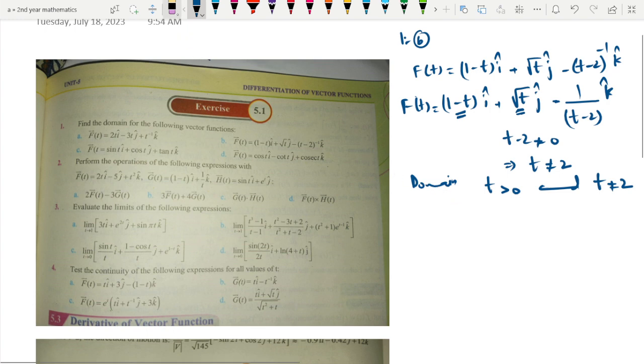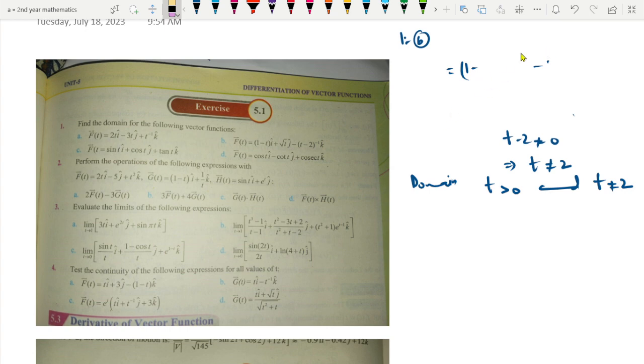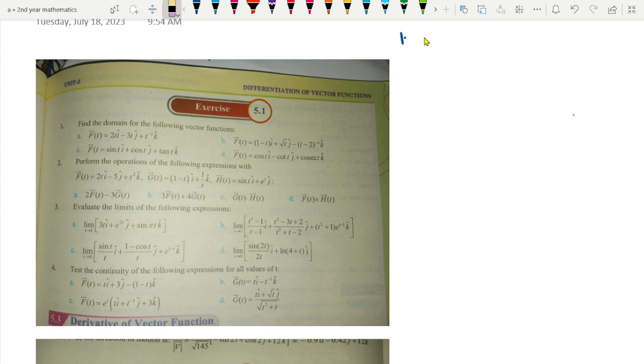And question number C part. C part of this question, we have f of t is equal to sine of t unit vector I plus cos of t j plus tan of t k. So this is defined for all values of t.